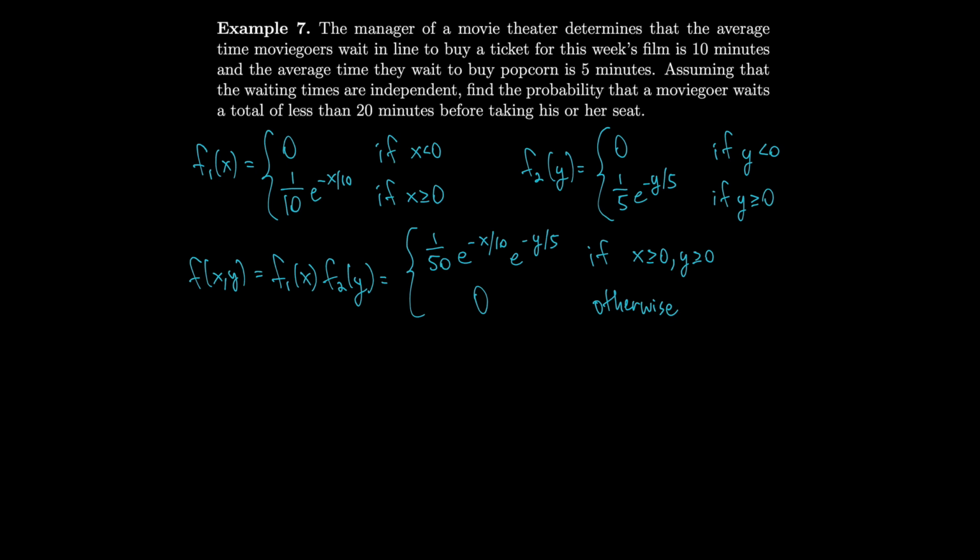Okay, so we want now the probability that x plus y is less than 20. So that would be the probability that (x, y) is in some region D, where D is bounded by the line x plus y equals 20, and our axes, because we can't have negative times. So how about we draw that?